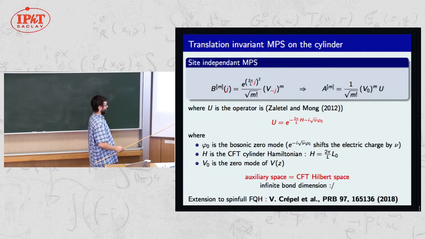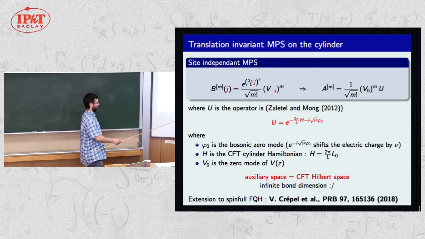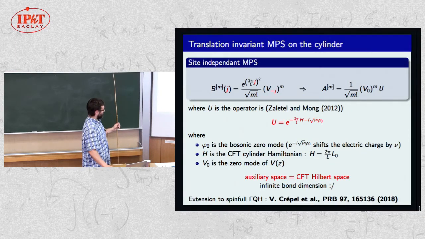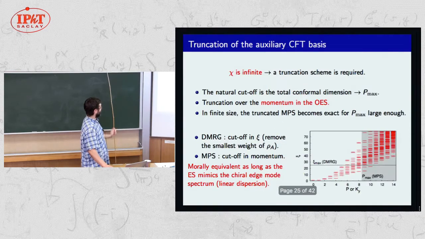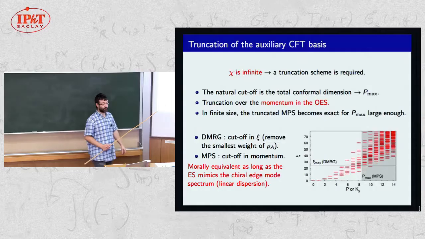If you want to do fermions with spins, which we're going to need in a second for the Halperin state, you can rederive it. That's actually what Valentin did first. And you have similar looking formulas. So I was saying chi is infinite, so you need a truncation scheme. In the conformal field theory, the natural cutoff is a conformal dimension.